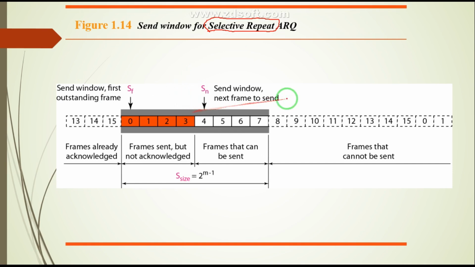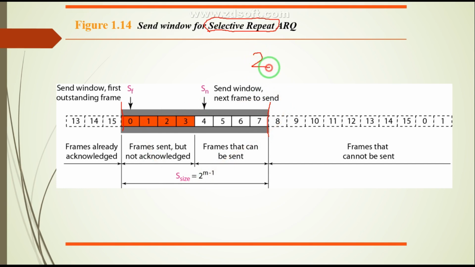Now you can see on the figure on the screen that this is the window, shown by this gray region. First I want to talk about the size of the window.